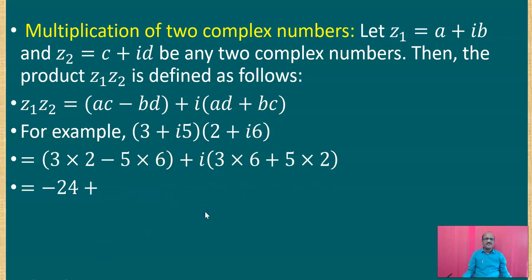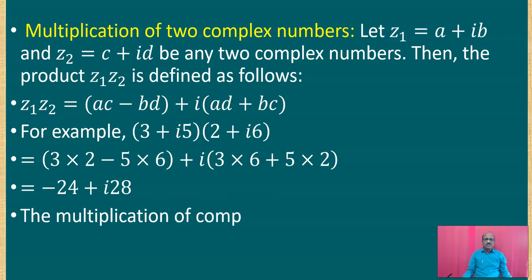By using this formula you can perform the calculation. That is 2 into 3, which is 6, minus 30, which gives minus 24. This is the real part. What about the imaginary part? 3 into 6, 18, plus 10, that is 28i.